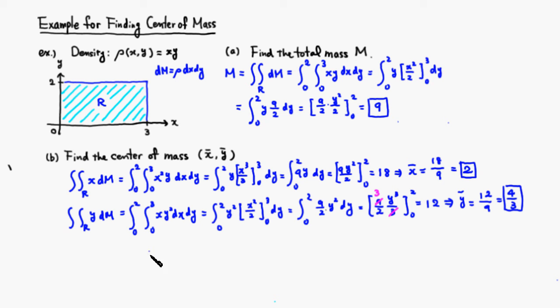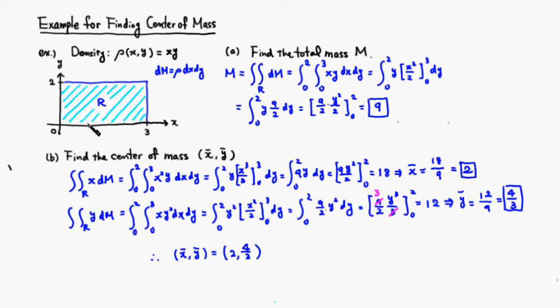Therefore, the center of mass, x bar comma y bar, came out to be exactly 2 comma 4/3. So in the picture, it's going to be around here.